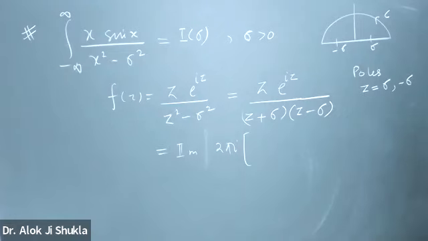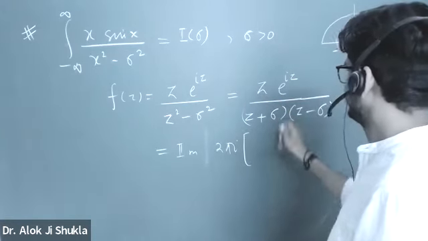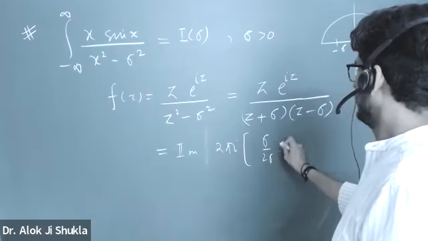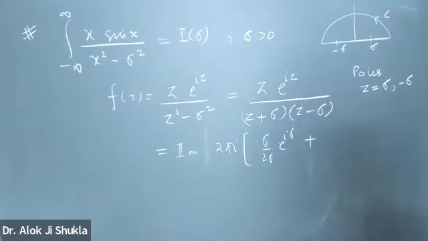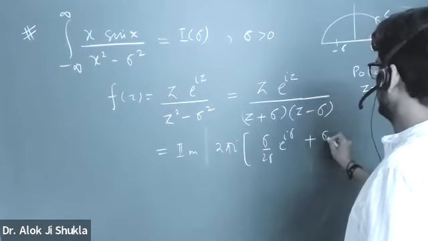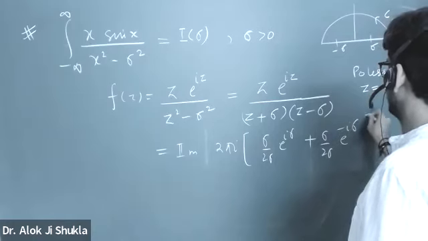First of all, z minus sigma will be multiplied; it will become sigma by 2 sigma e to the power i sigma, then plus, z minus sigma cancelled, sigma by 2 sigma e to the power minus i sigma.